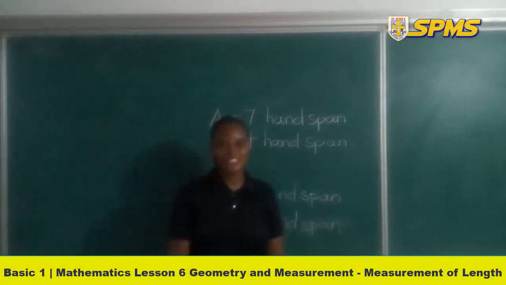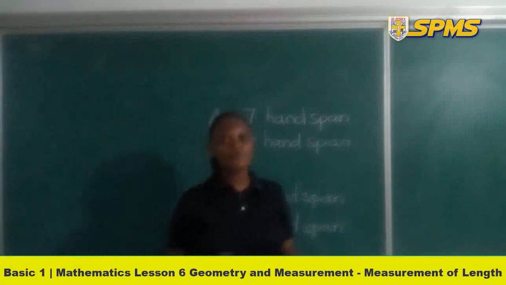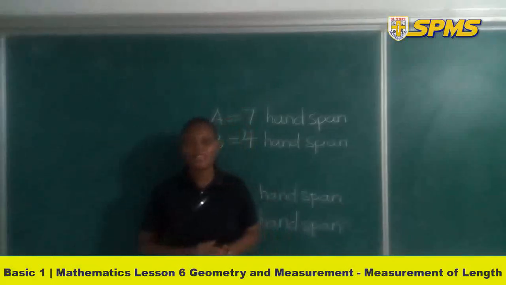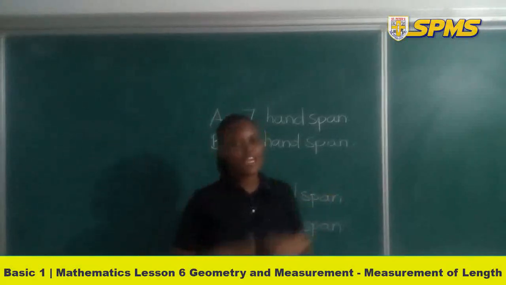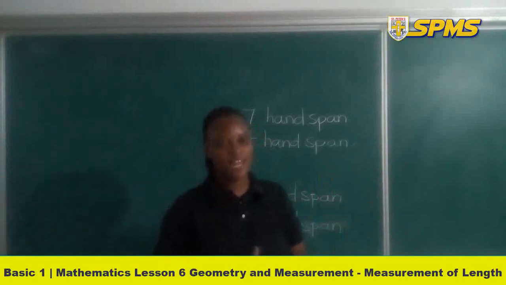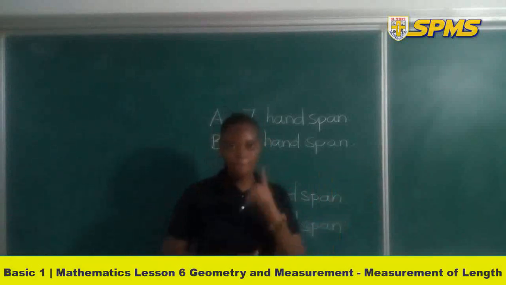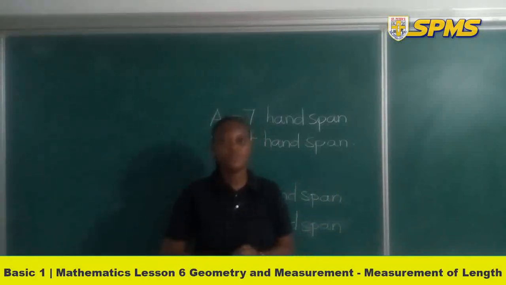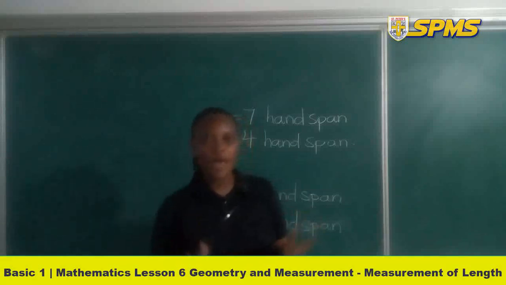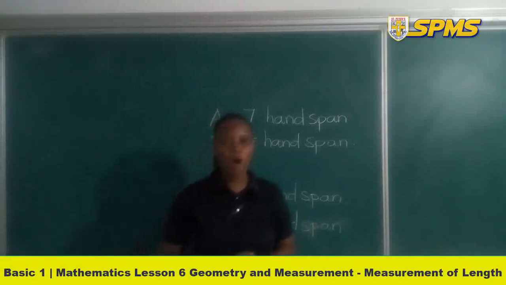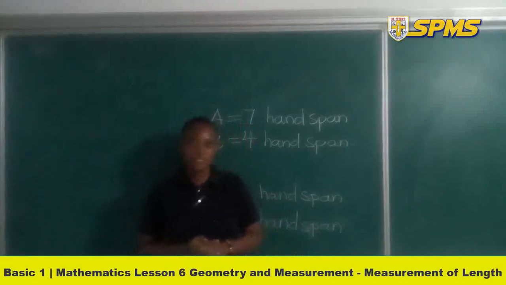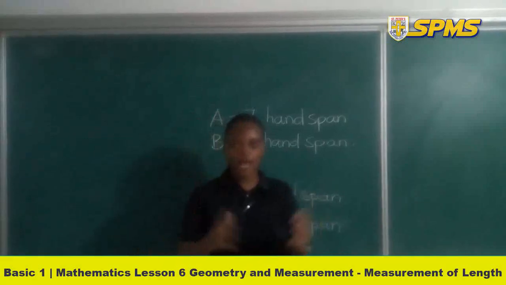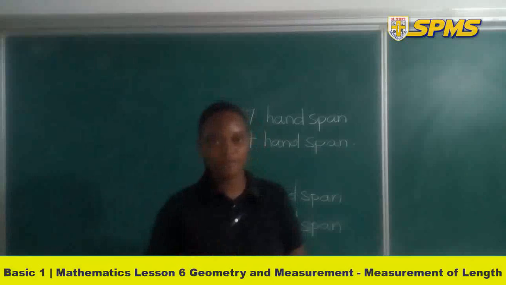All too soon, children, we have come to the end of another exciting and interesting lesson. But what have we learned today? We have learned how to compare 2 or more objects using taller or shorter.